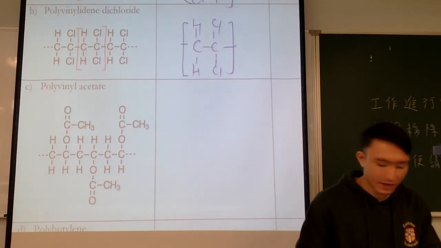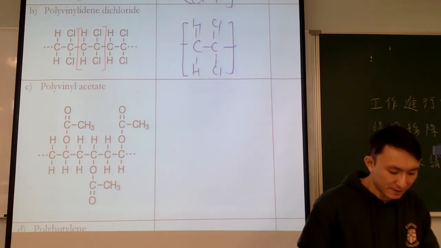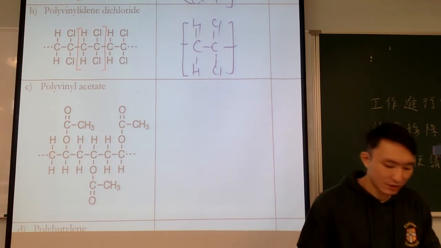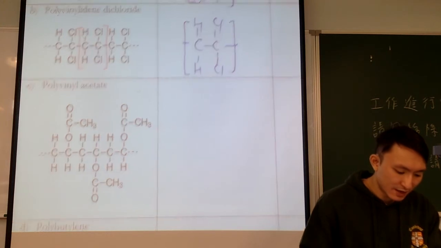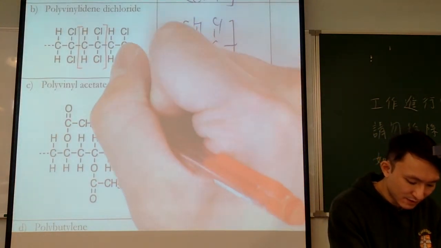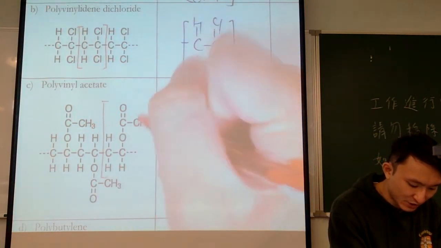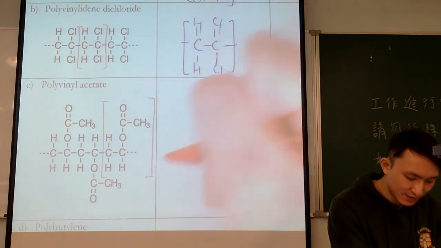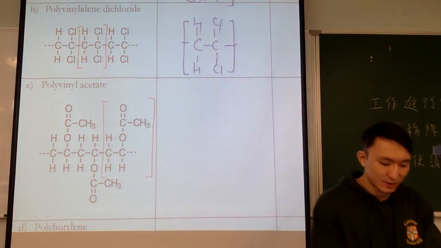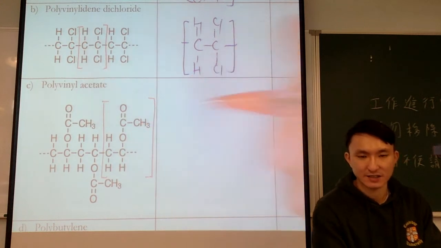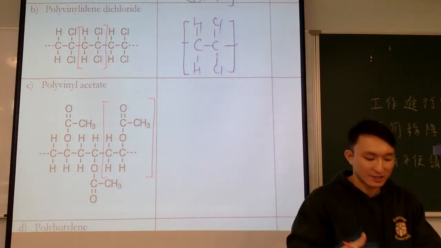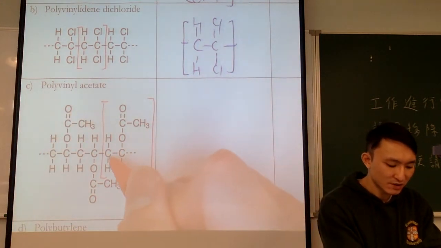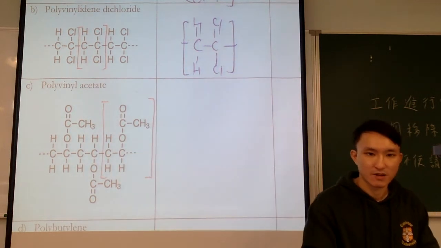Now this one is complicated, so ugly. But don't worry, we need to look for the repeating unit. If you pay attention, this one should be the repeating unit. So this chunk is put on the side, and we focus on the CC double bond here.